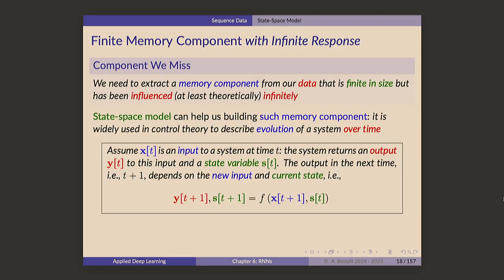So you update this state as well. It's like an extra memory in your system. You look at the input, you look at the state, you say, OK, this is the output, and then you change your state, every single time. So this is a very general form of a state space model.